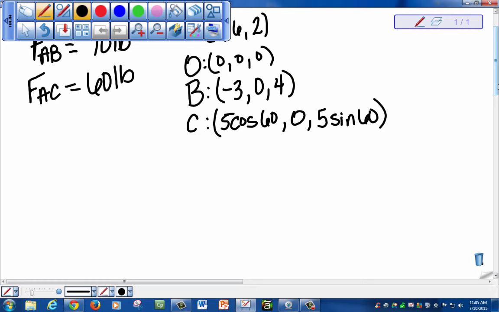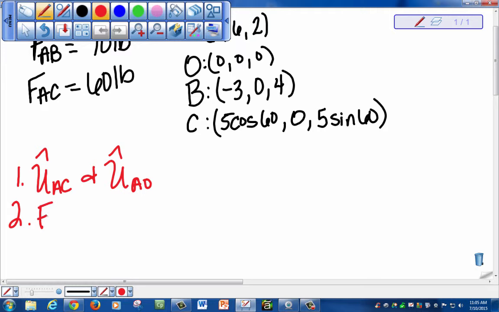What we need to do though is, step 1, find the unit vectors for AC and the unit vector for AO. Then after that, we need to get the new force acting on the unit vector.